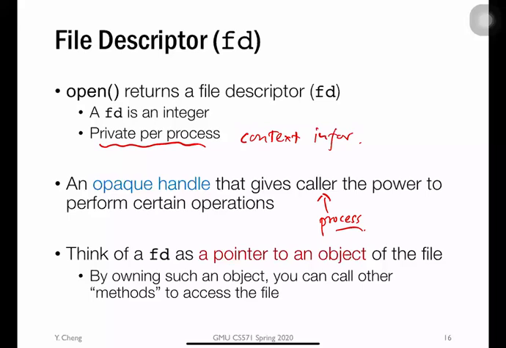You can think of an FD as a pointer to an object of the open file. By owning such an opaque handle that points to this particular file, you can call the corresponding file system related APIs or methods to access the file or manipulate the data stored within it. So this is the third type of file name abstraction, the file descriptor.